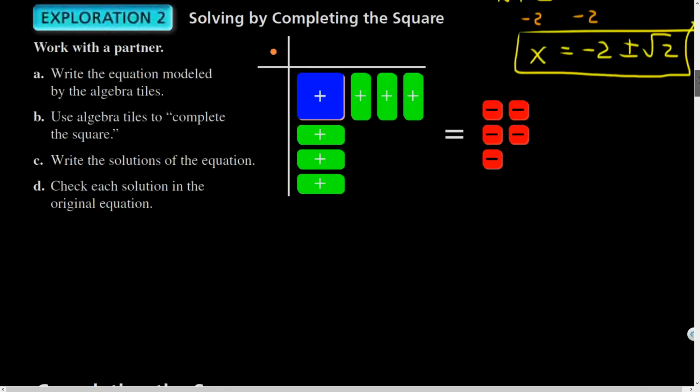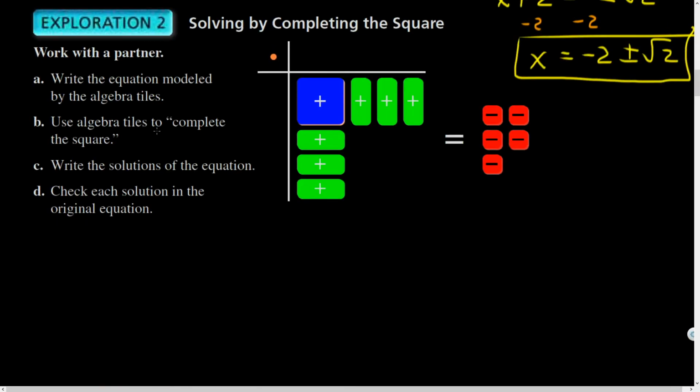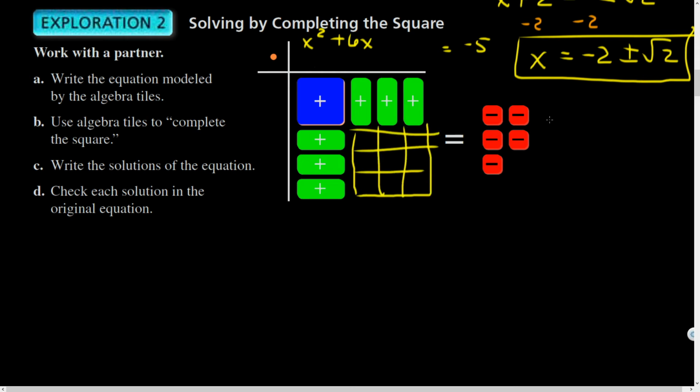All right, and so here, what would I have to do to complete the square? Well, okay, let me write the equation first. So this would have been x squared plus 6x equal to -5. To complete the square, I would have had to add, what? 9 little 1x1 algebra tiles.